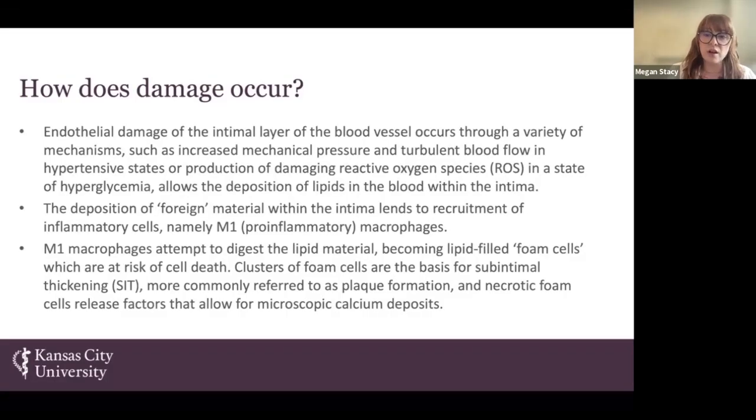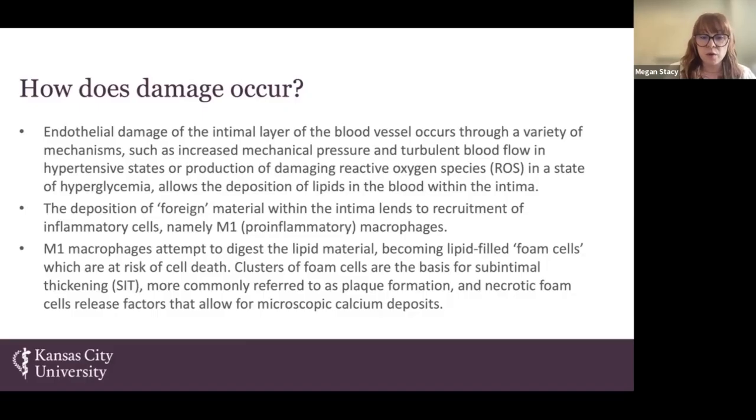So the deposition of foreign materials within the intima lends to the recruitment of inflammatory cells, especially in this case, M1 macrophages, which are pro-inflammatory. These M1 macrophages attempt to digest the lipid material, become lipid-filled foam cells, which are at risk of cell death.